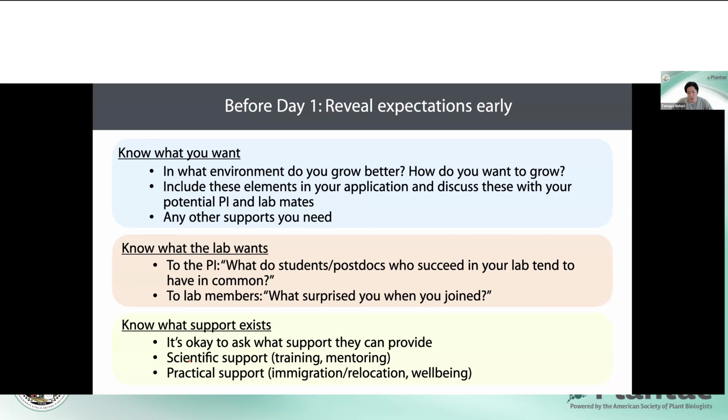That could be scientific support, training, mentoring, but also other practical support, including immigration and relocation, which is increasingly more challenging these days. I had a lot of support from different institutions. So it's good to know what kind of support is available, and also anything related to well-being is worth knowing before you make a decision.